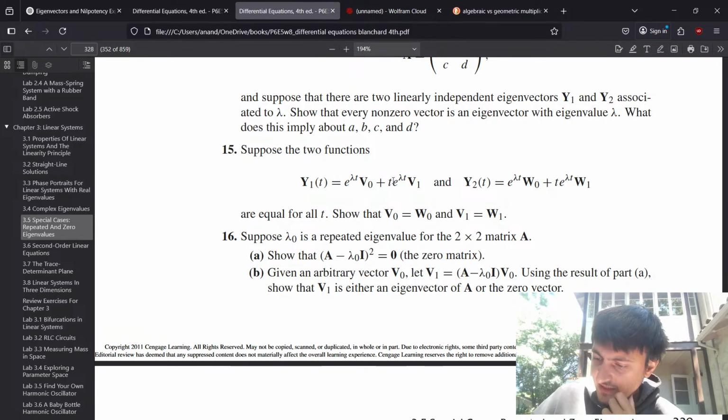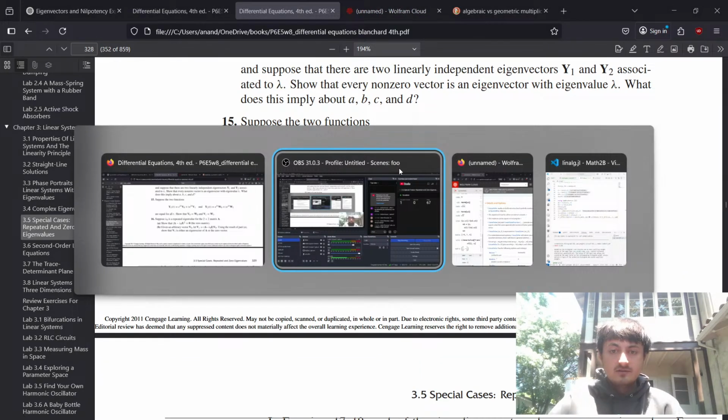If you take it at t equals 0, then you get v0 equals w0. So then at t equal 1, e to the lambda v1 equals e to the lambda w1, and thus v1 equals w1. Okay, that one's pretty easy.